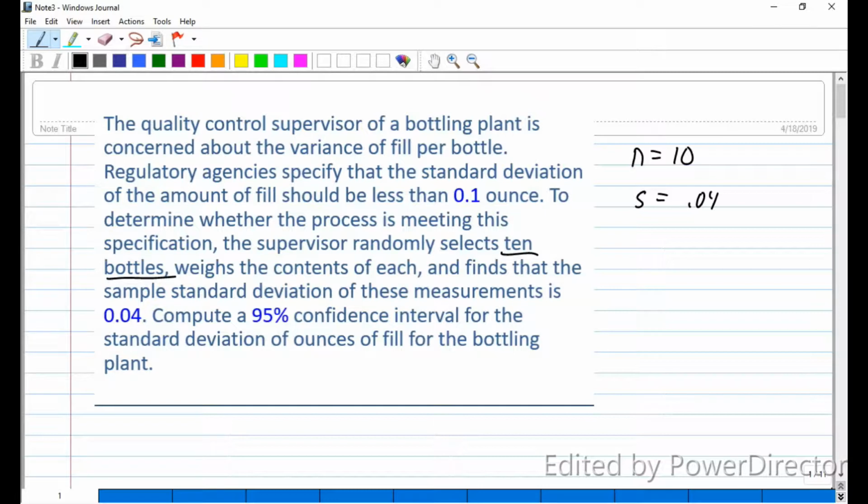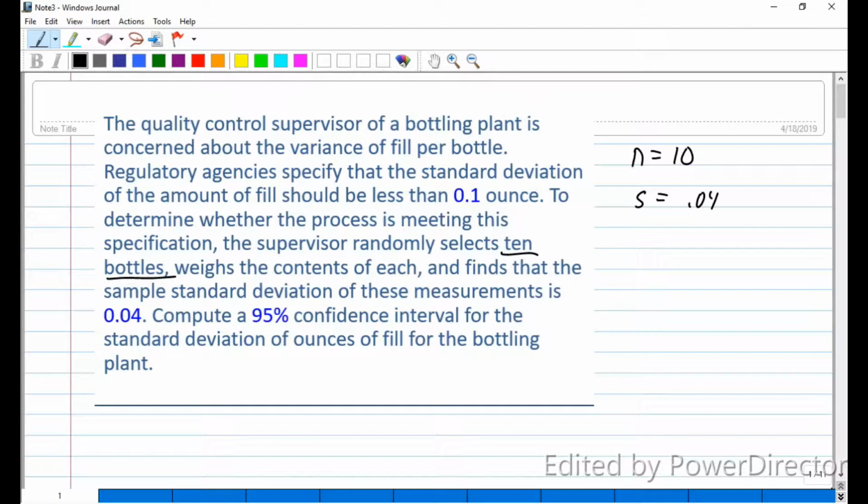You know, that's just like with the Z distributions and the T distributions. The alpha that you get from the confidence level is important. Now, for the Z distributions, we had that little table at the bottom of our table B to help us out.